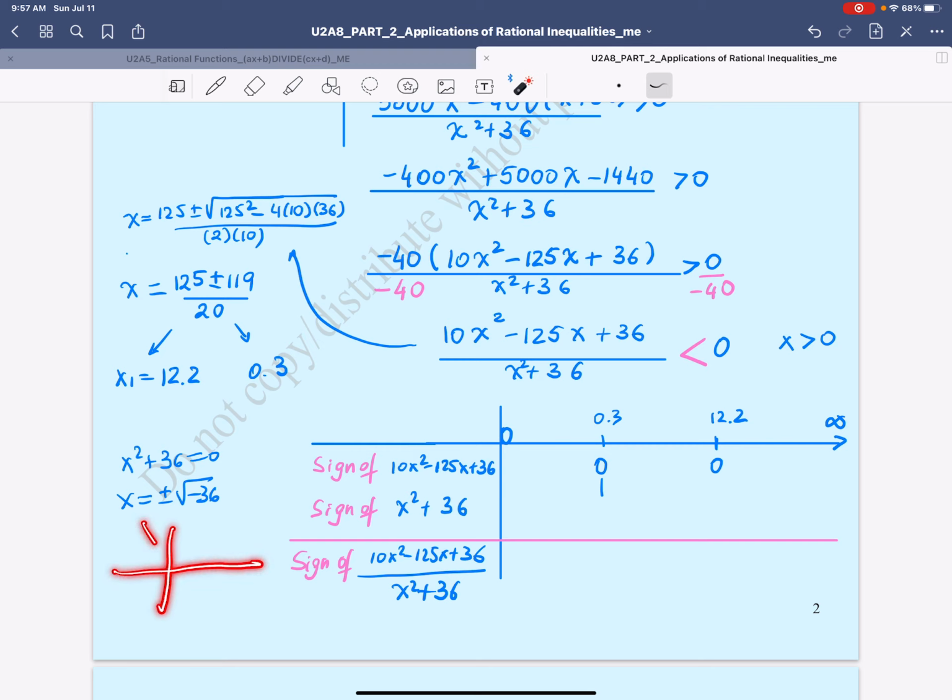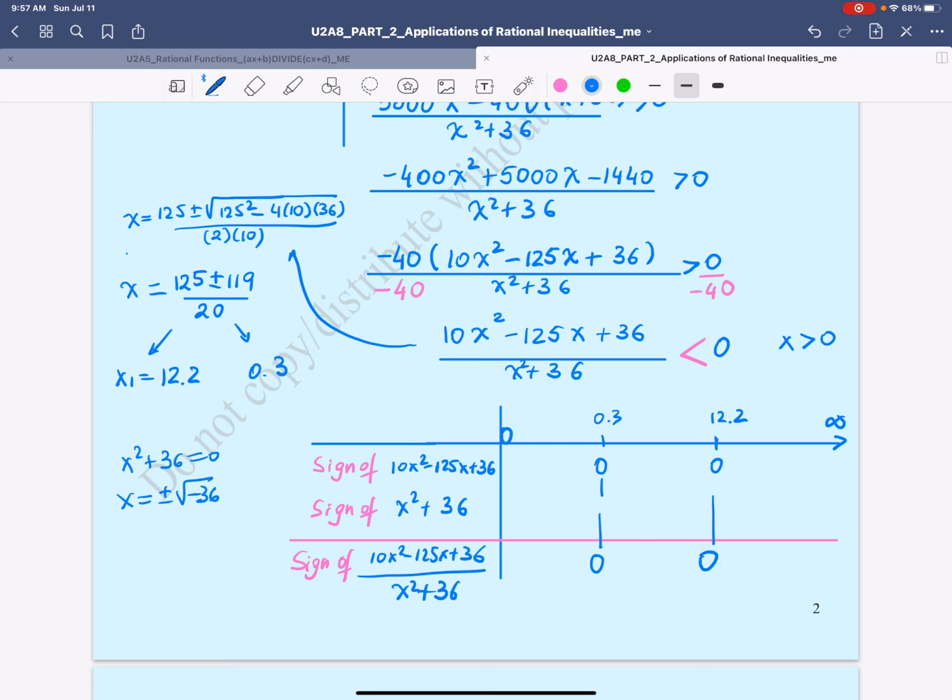It's positive if it is above the x-axis, so it doesn't intersect the x-axis, right? Or below the x-axis. In our case, it's going to be above the x-axis because it is a parabola that is shifted 36 units up. That tells us that the values will stay positive all the time.